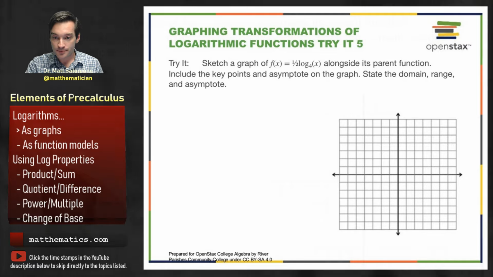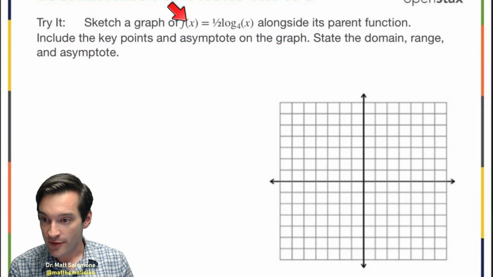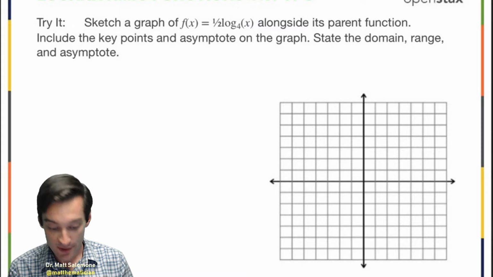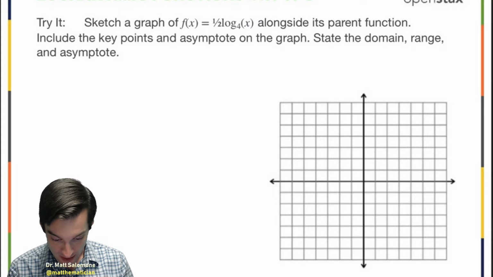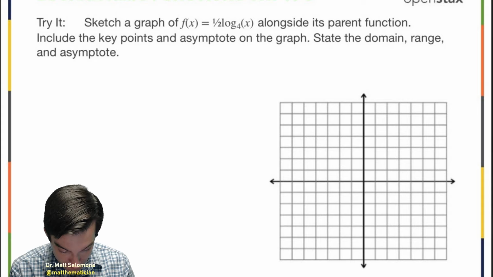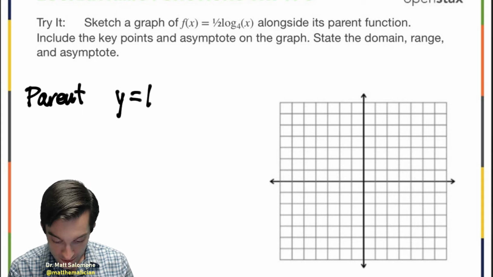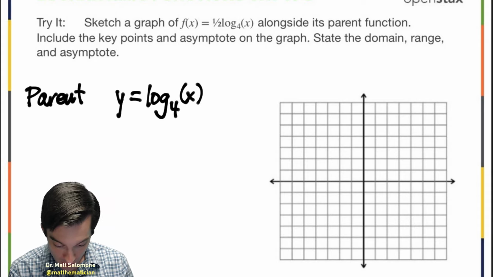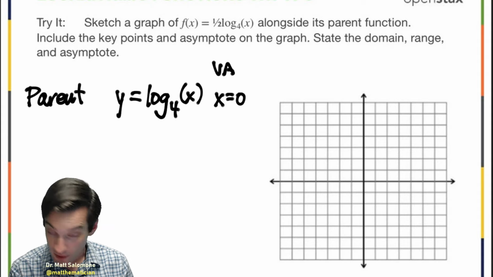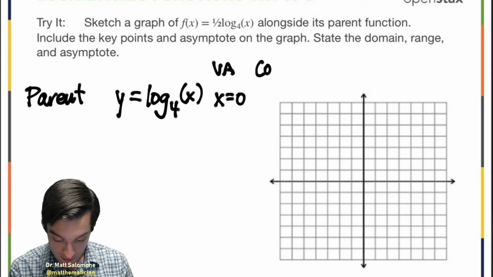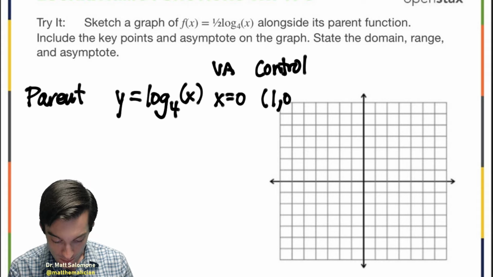So in this example, we want to sketch a graph of f of x equals 1/2 log base 4 of x alongside its parent function. For its parent function, we're going to use y equals log base 4 of x. And y equals log base 4 of x has a vertical asymptote on the y-axis, like every logarithmic parent function does, and its control points are going to be, well, let's use 2 control points, (1, 0) and (4, 1).